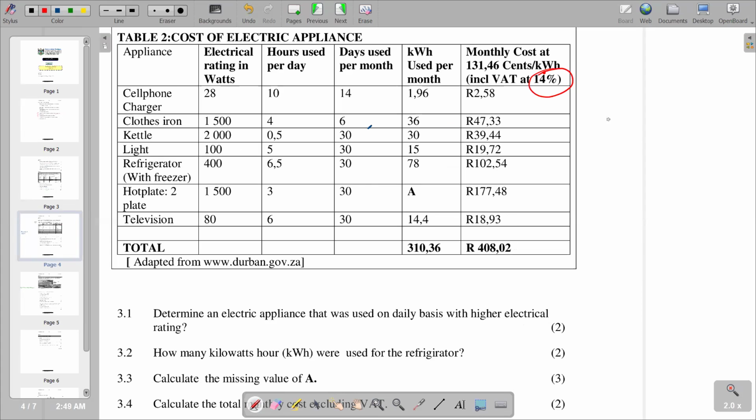So we are saying excluding VAT, and then we add the VAT, then we get the including VAT.